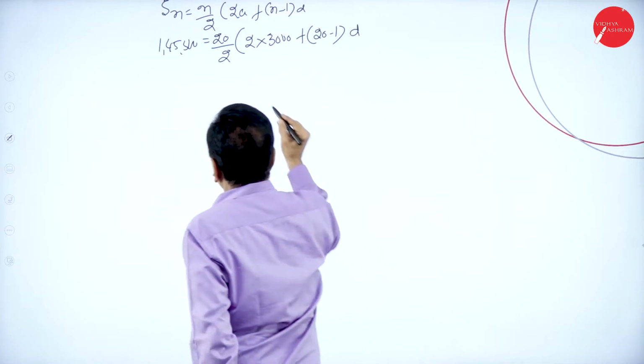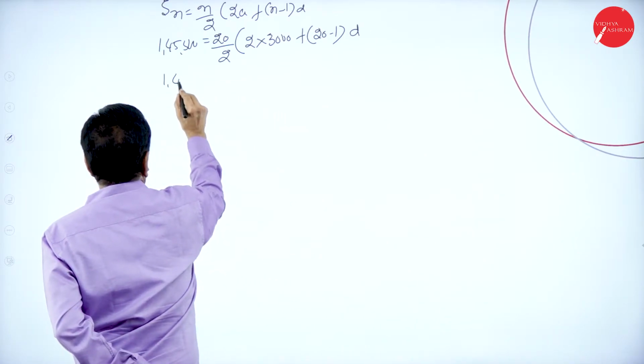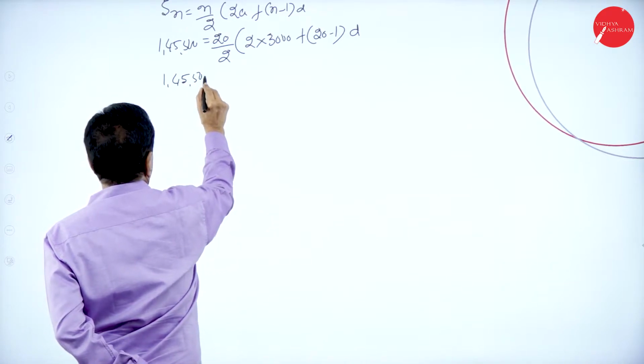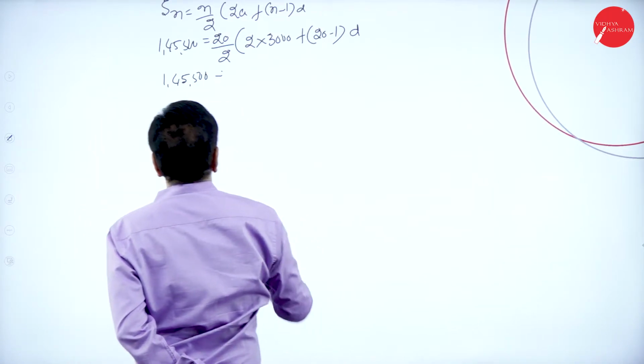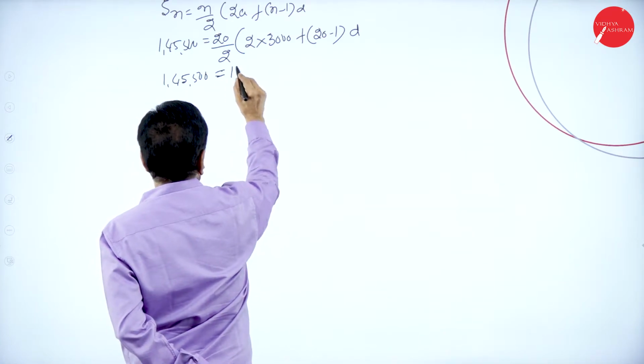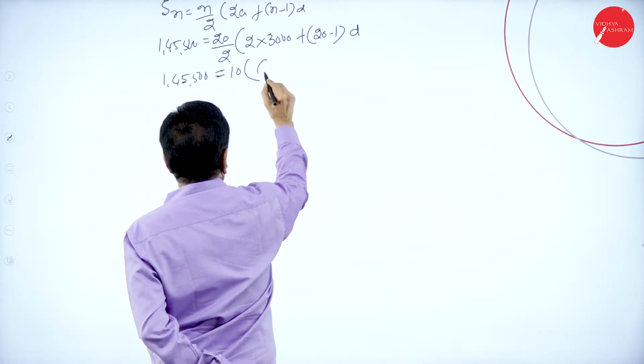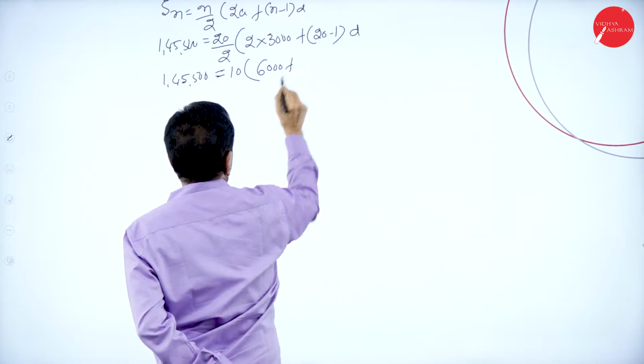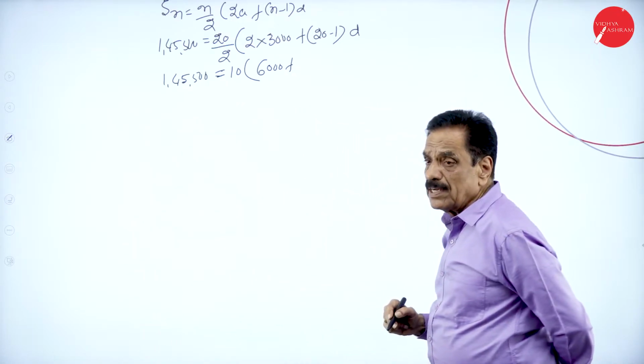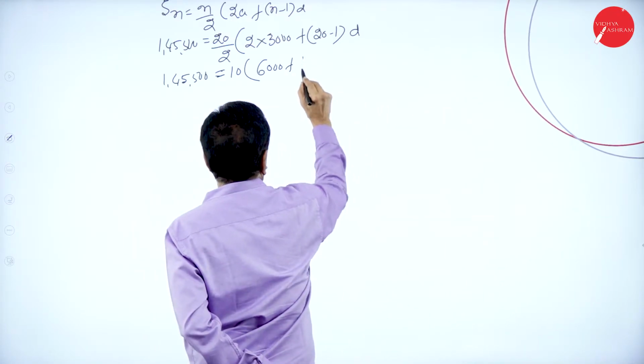Simplify. 1,45,500. This is 10 into 6,000 plus 20 minus 1, which is 19, into D, 19D.